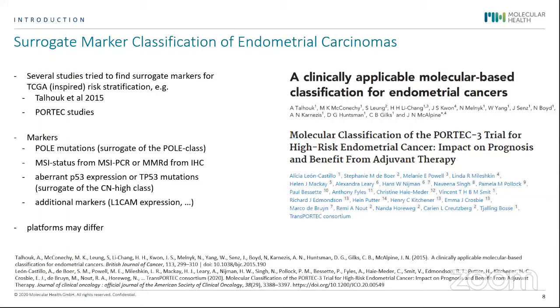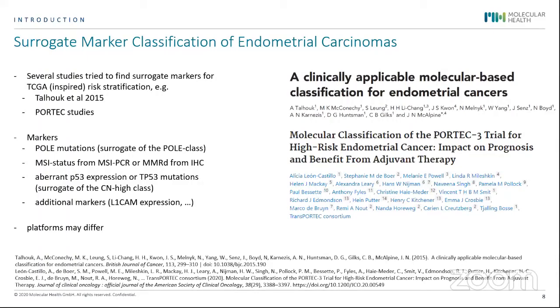The typical markers used are mutations in POL as a surrogate for the POL class, MSI status, or mismatch repair deficiency. So this is used kind of synonymously. So either detection from MSI PCR or mismatch repair gene expression.